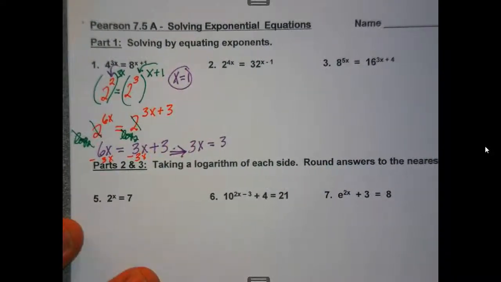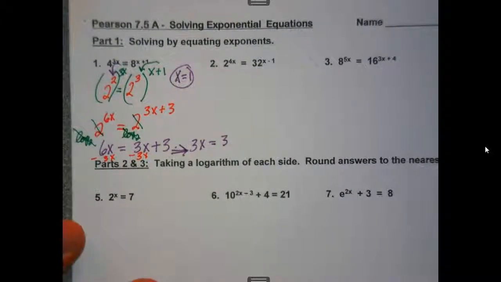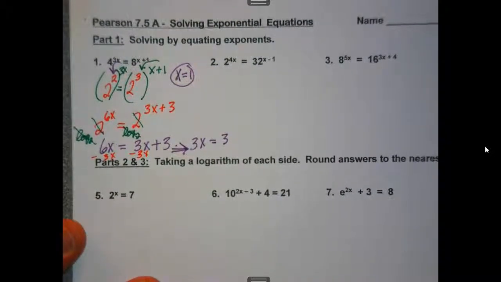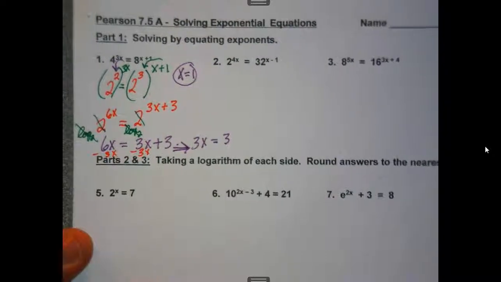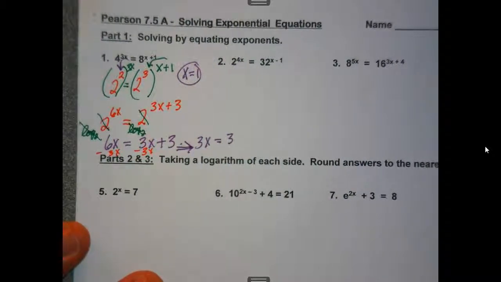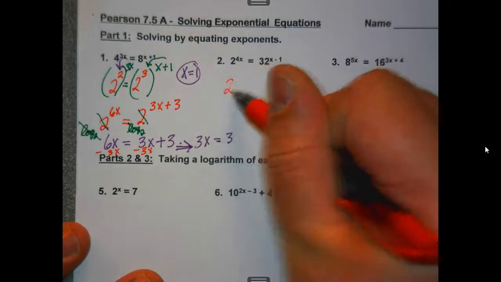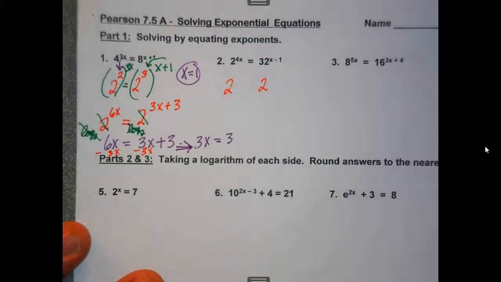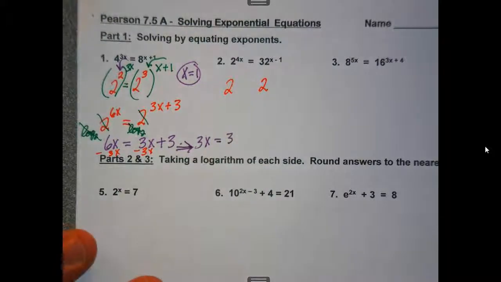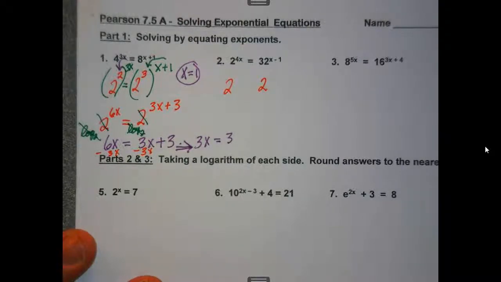Okay, let's do the same thing with number 2. What's going to be a common base here? 2. I don't have to worry about this one, do I? How do I make 32 into a base 2, Greg? What's 2 squared?